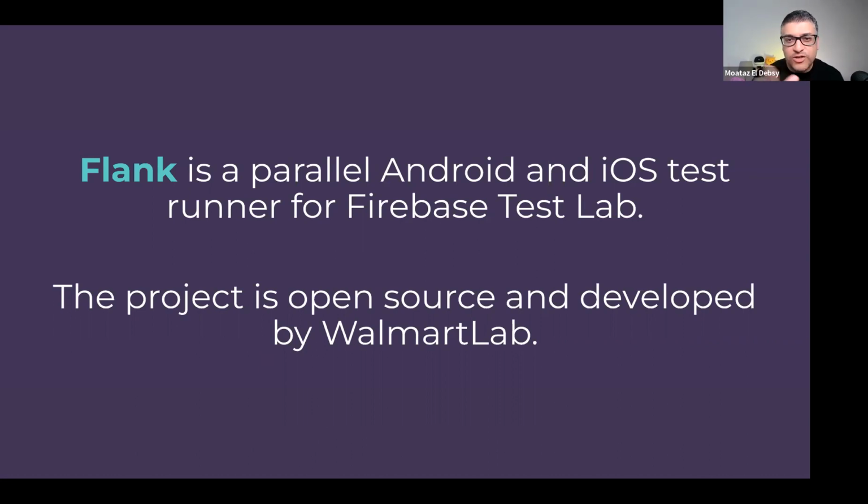With the configuration file, you can configure what you want to run, how many shards, which package or annotation, and the location of the test APK and APK, and then you can use it with Firebase. It's an open source project, developed by Walmart Labs, and I think it's now moving to another organization for open source projects.